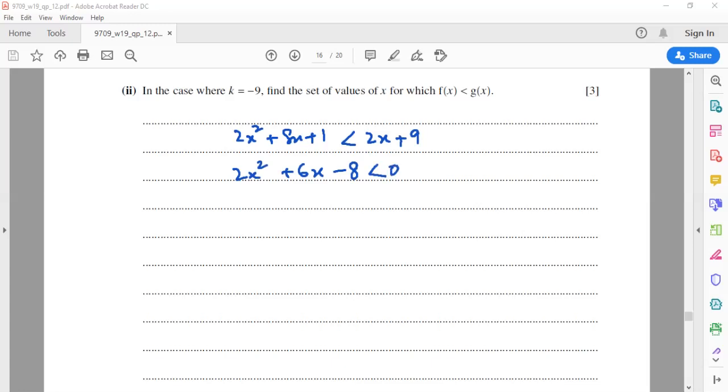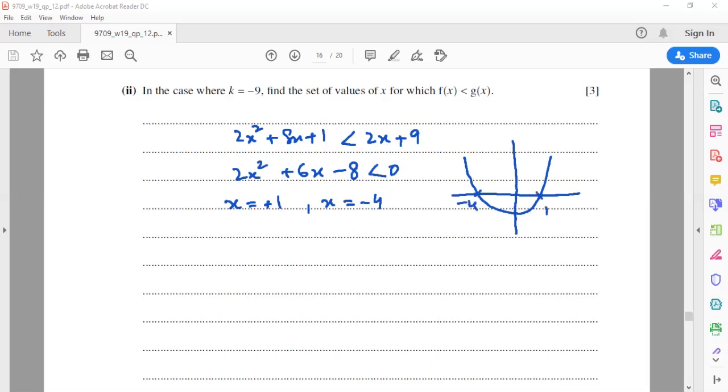Now this is a quadratic equation, and if you solve it with the help of the calculator, it gives you x equals plus 1 and x equals minus 4. Since this is a quadratic inequality, on the graph x square is positive, so it is seen like this, with minus 4 and plus 1 here.